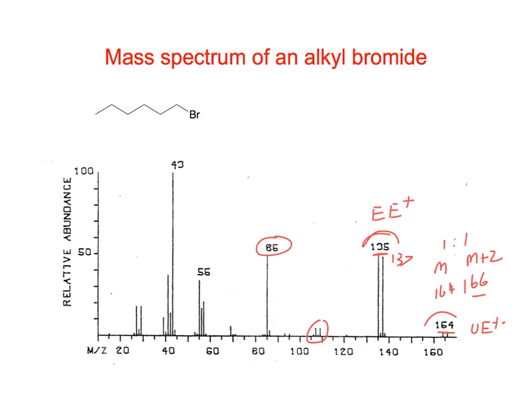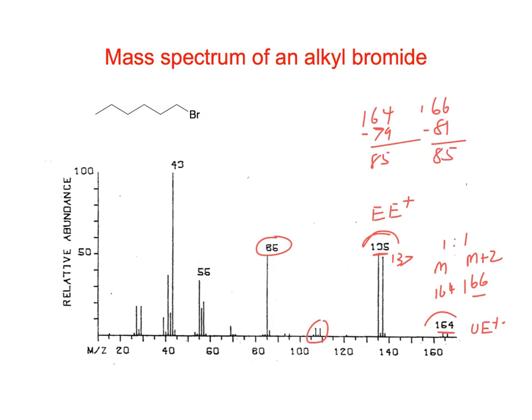In fact, if we go from 164 minus 79, right, then we get 85. Or if we do 166 minus the 81 isotope, we also get 85.